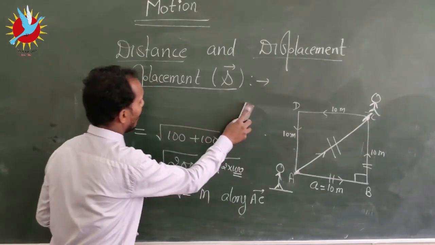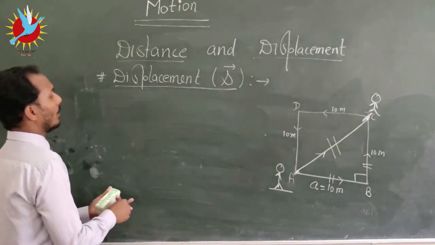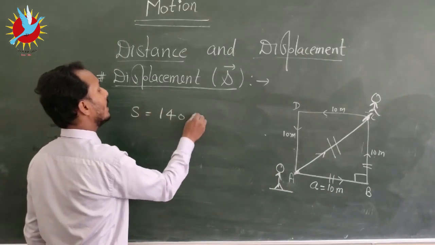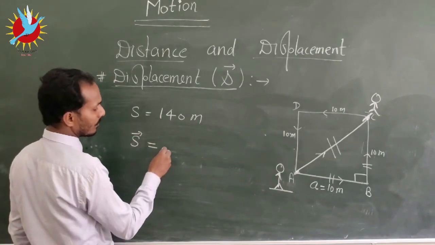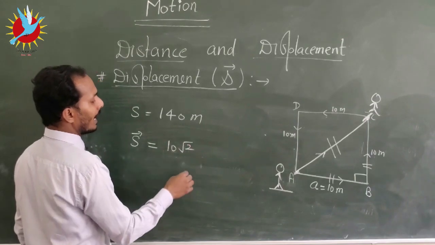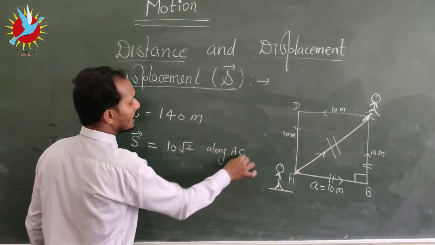In this case, the value of distance is 140 meters and the value of displacement is 10 root 2 meters along AC.